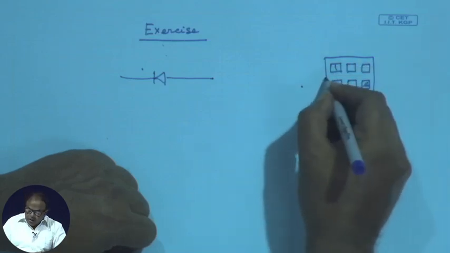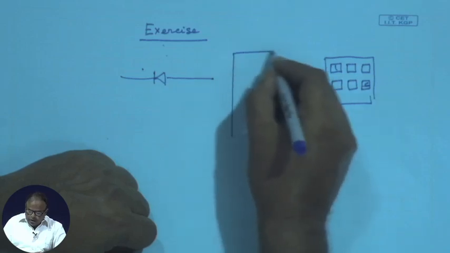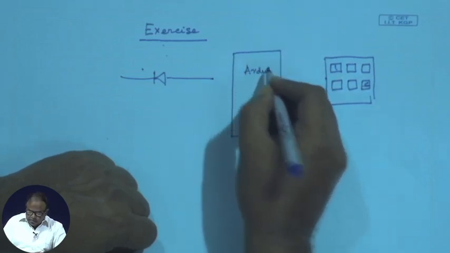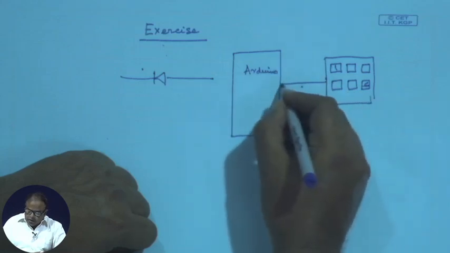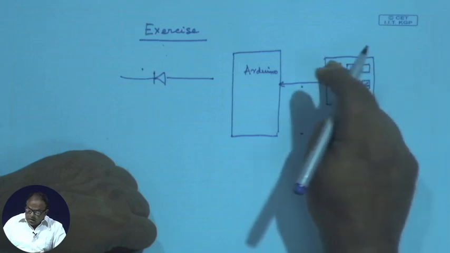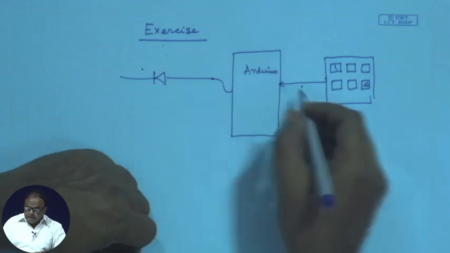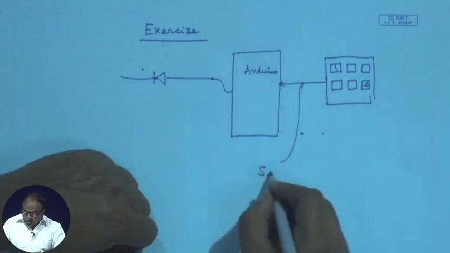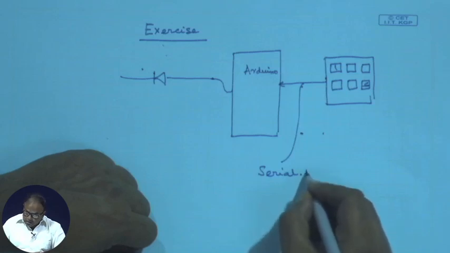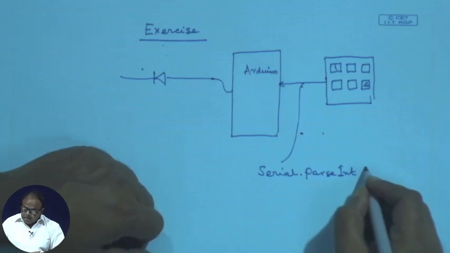Depending on the key that is pressed, you will have the Arduino here glow the LED with different intensities, and this you can read using the serial method.